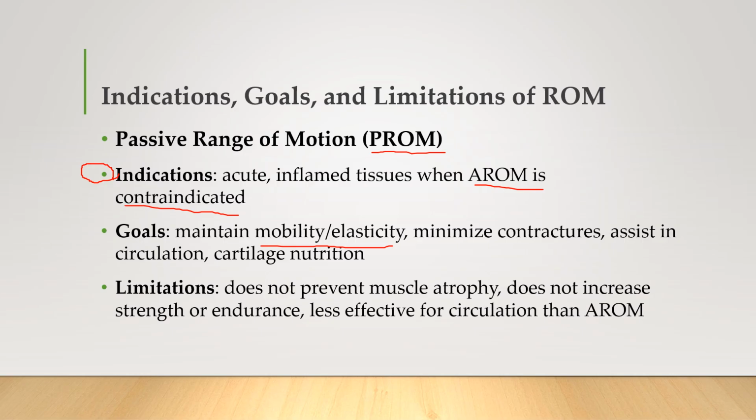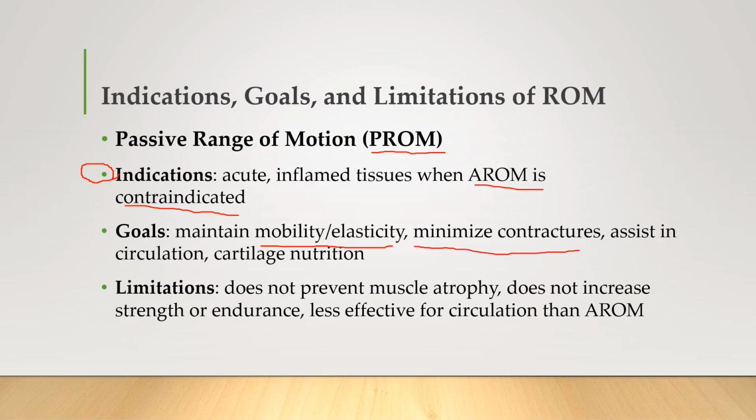So maybe I can only go to 30 degrees of external rotation with the shoulder at its side, but the physician doesn't want the patient to do that actively. So I can set my patient up in supine and protect the shoulder with some wedges and things like that, and then I can maintain this elasticity and mobility using a protected range, passive range of motion.